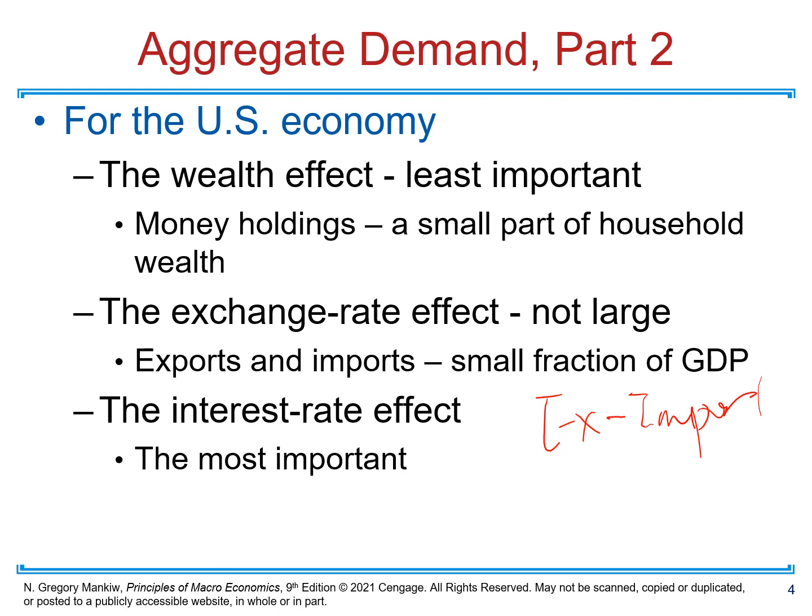How much you can borrow depends on the interest rate, and the interest rate can be influenced by our monetary policies, with their change of money supply. So the interest rate effect is the most important factor in our aggregate demand curve.